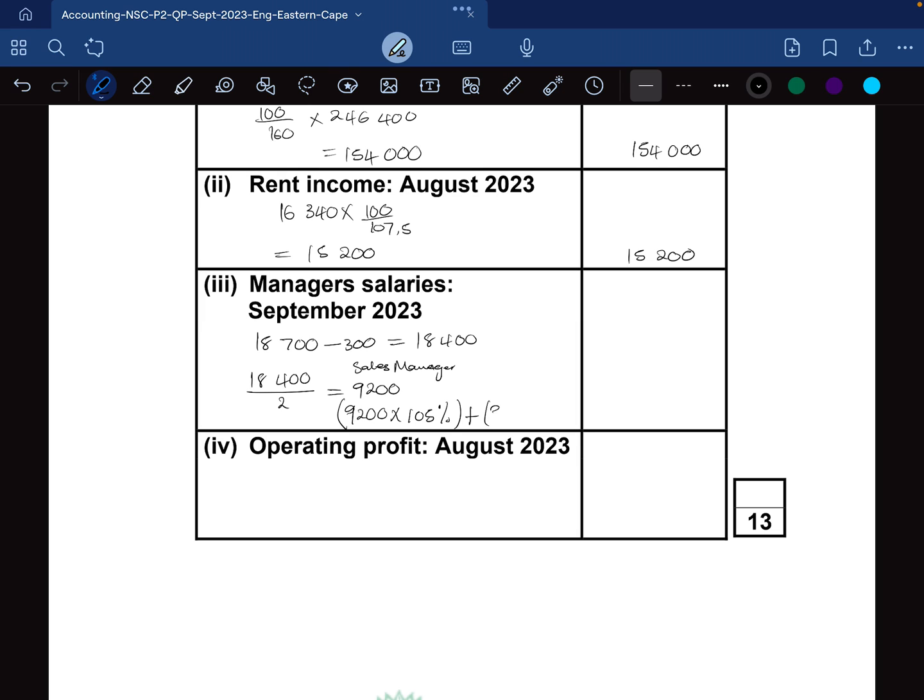Then we add the 9,500 for the office manager, because we know that the office manager still earns the same salary, which is the 9,200 plus the 300 extra that they were earning more than the sales manager before. So this is for the sales manager. Okay, so we're going to say 9,200 times 105% plus 9,500, and then that gives us a total answer of 19,160. Right, so I hope that was clear.